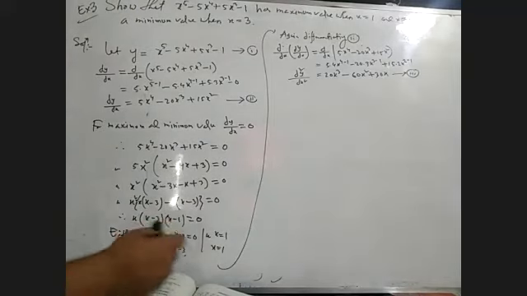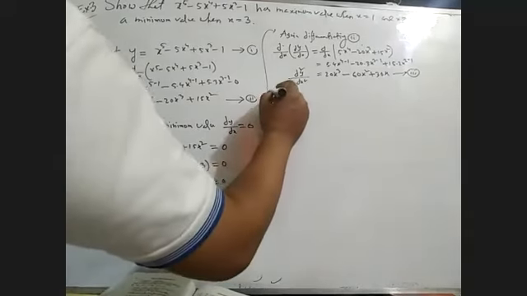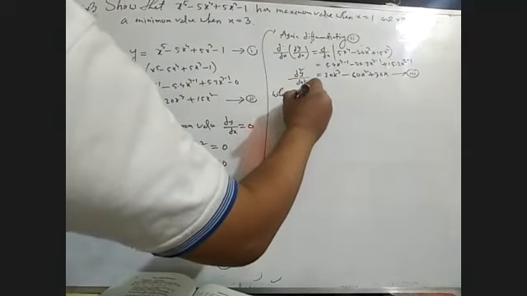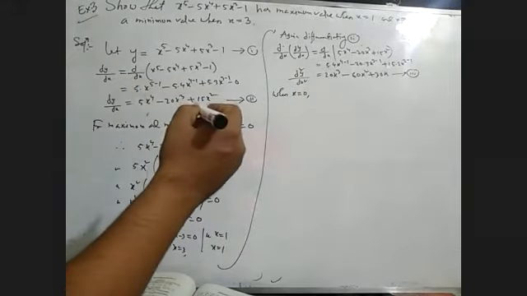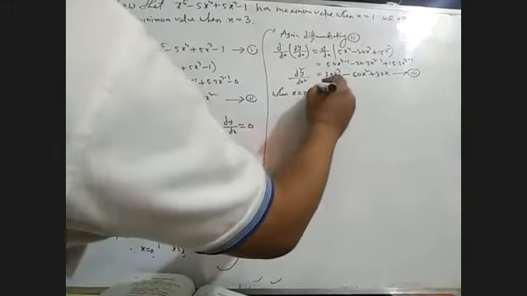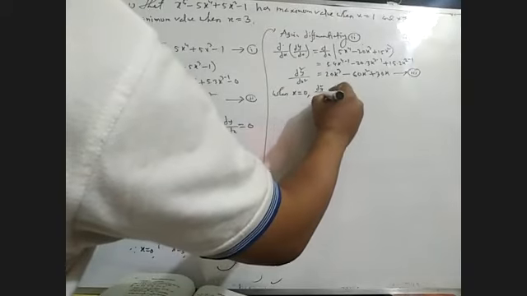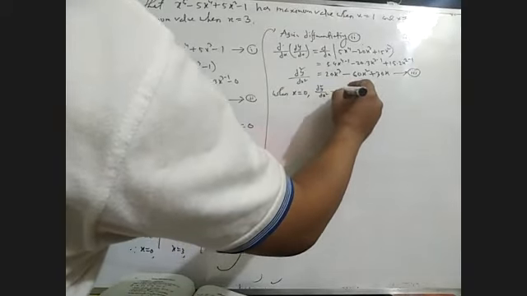Now we are testing whether it is maximum or minimum at this point. Now when x equals 0, the value of double differentiation will be 0.